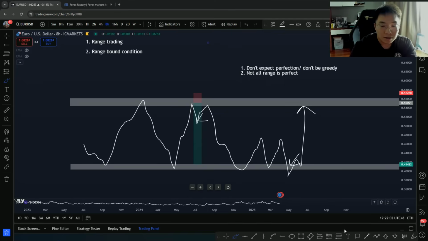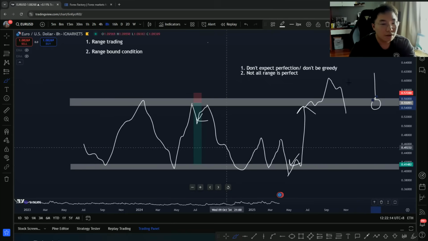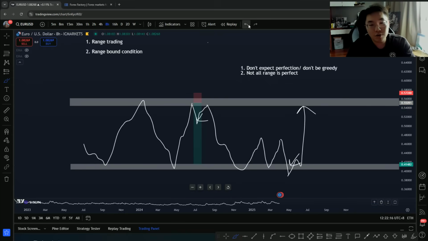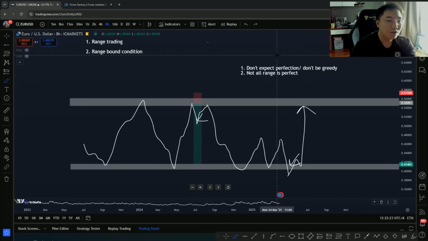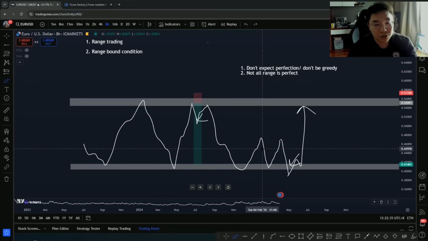Let's say on the 15-minute, you see this, oh, price fake out is scary, and comes back below. On the 4 hour, it's probably just a fake out, just a wick. That's why when you're overly focused on a lower time frame, this is the common mistake that will happen, which is you're not exactly trading the setup, you're just being too greedy, or you're just seeking perfection. A range is a range. There'll be times where price fakes out the high, fakes out the low, and it's still a range.